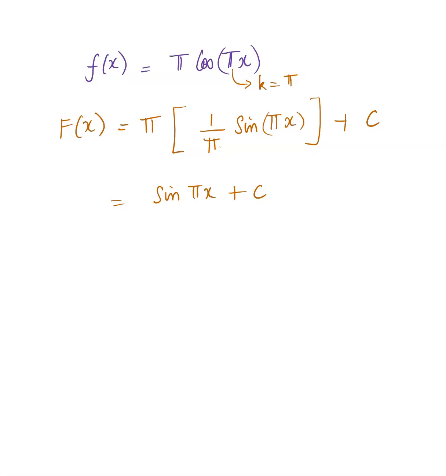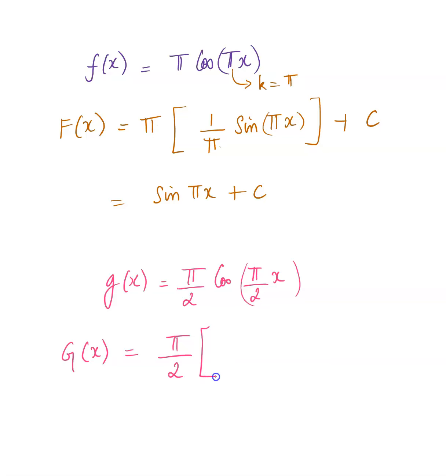This looks interesting, so we'll do one more. If I have g of x to be pi over 2 cosine pi over 2x. So capital G of x will be, I'll pull out the pi over 2 because it's a constant and focus on the cosine. The k here is pi over 2. That's coming from here, okay, not the other pi over 2.